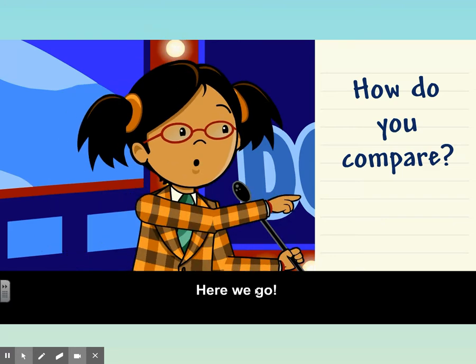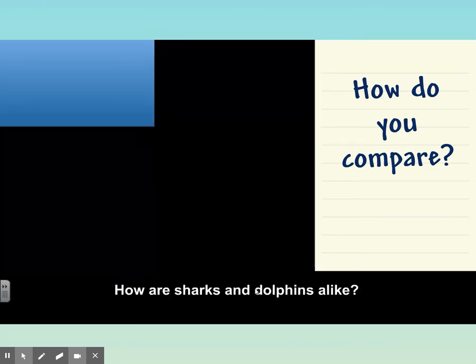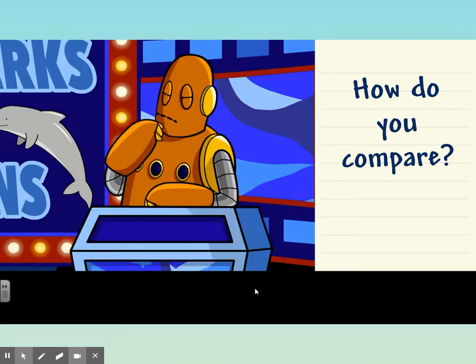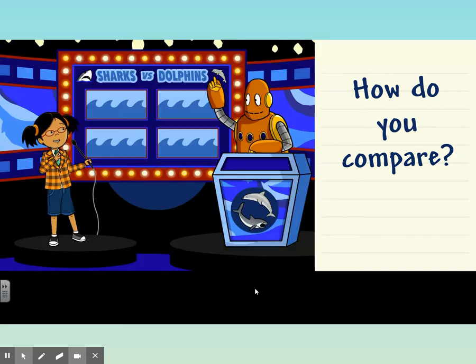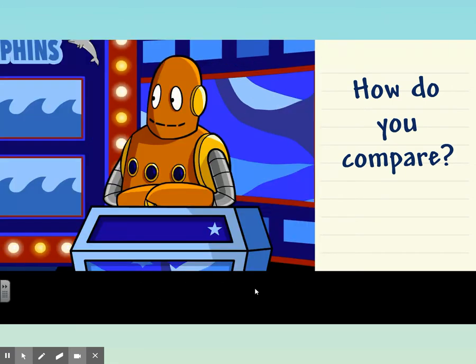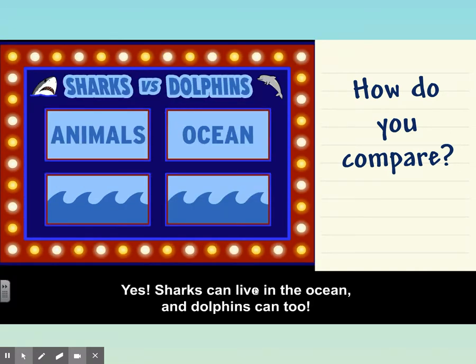Here we go. How are sharks and dolphins alike? Right, they're both animals. Yes, sharks can live in the ocean, and dolphins can too.